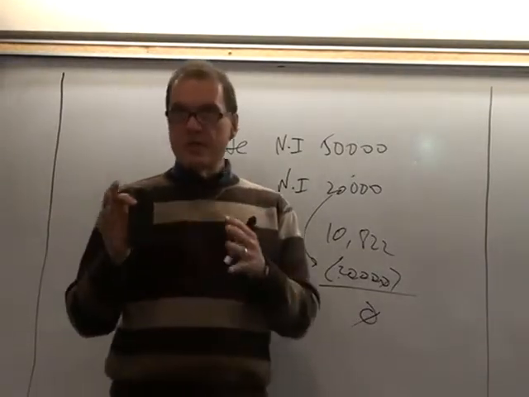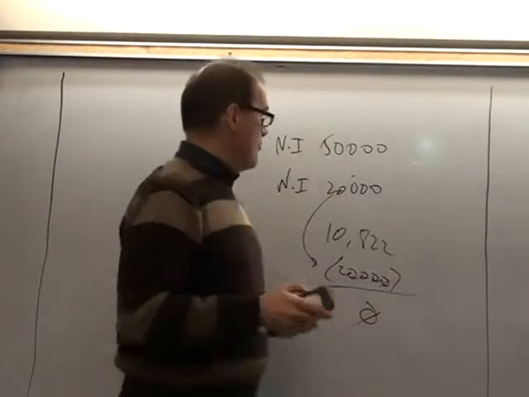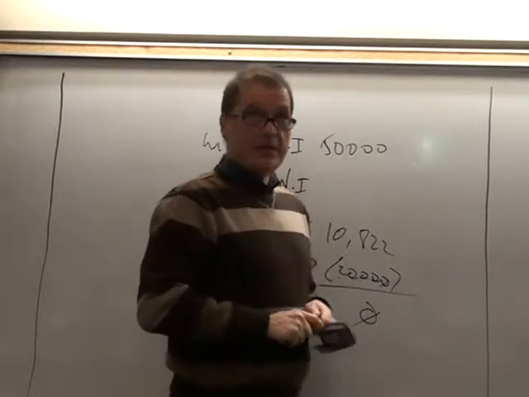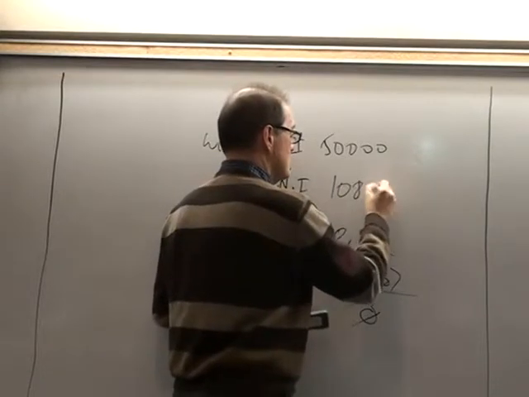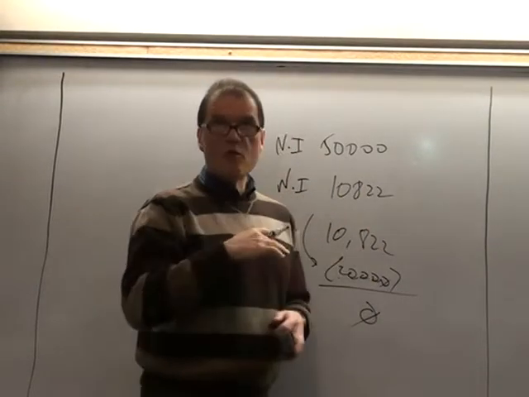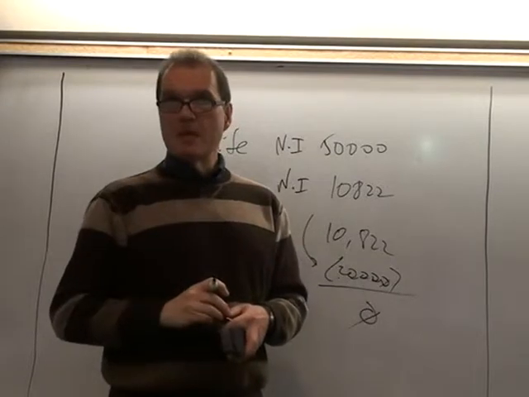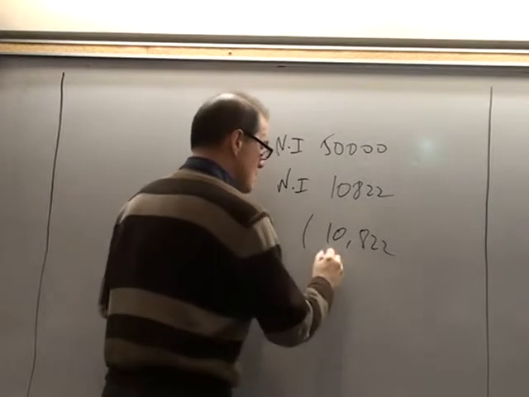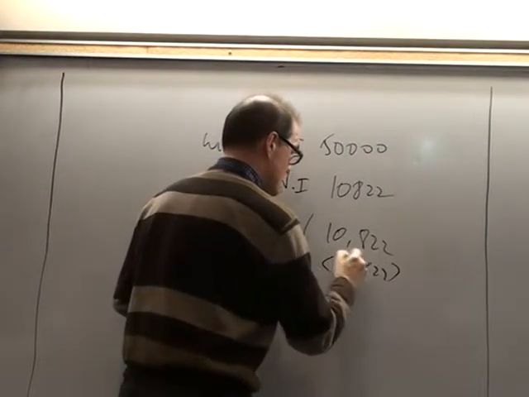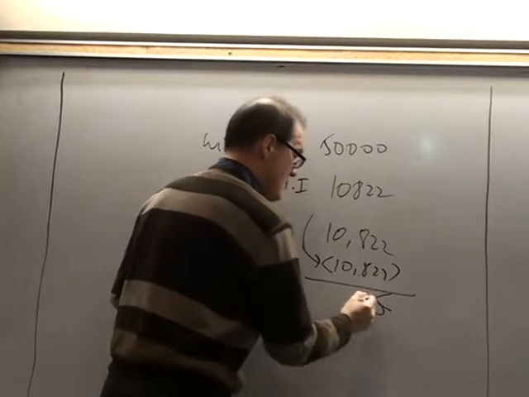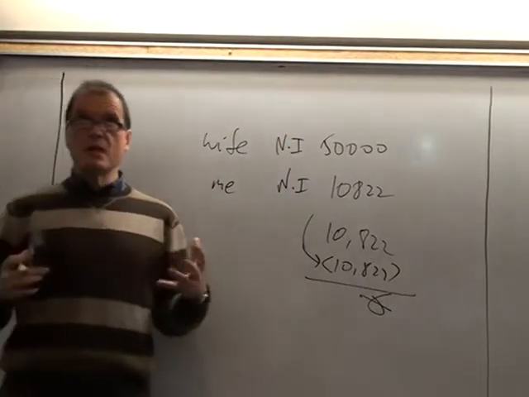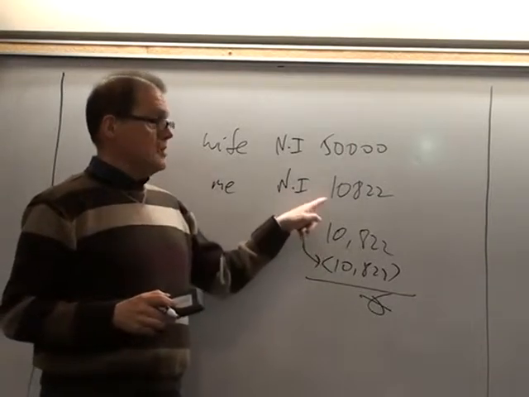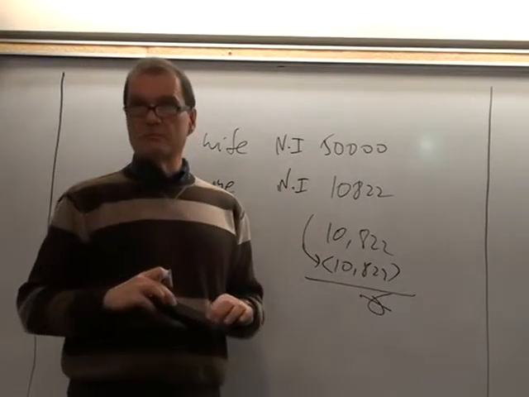So good tax planning, for me, let's say, gets my income down to 10,822, that's a good thing. Therefore, all of my income gets wiped out by the individual credit. But my spouse does not get to claim a credit for me because she subtracts my net income from 10,822 to get 0.